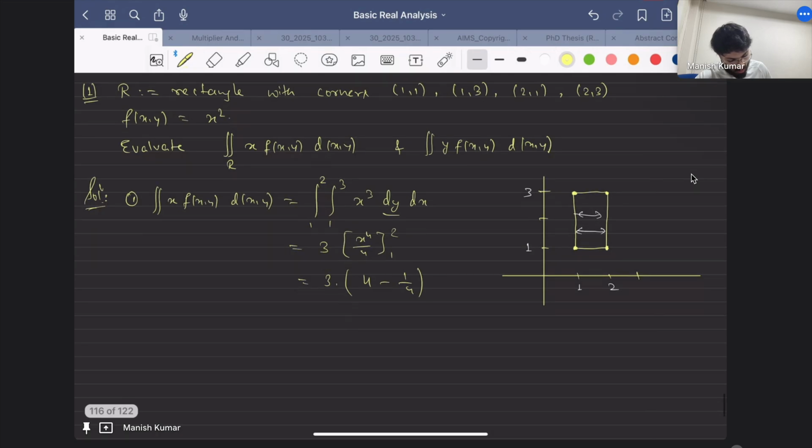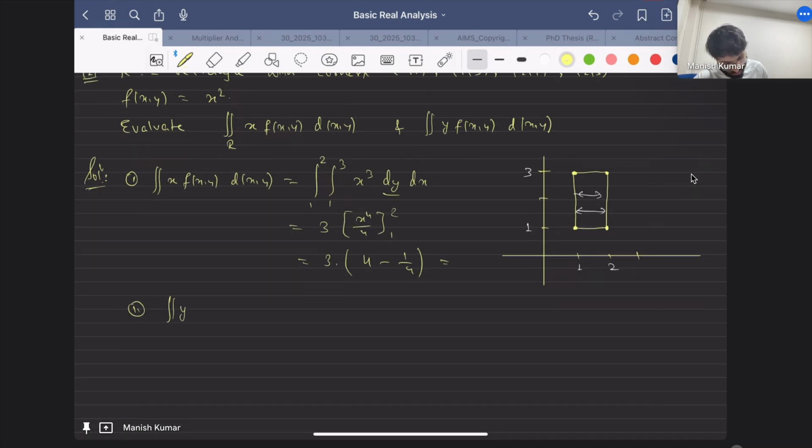So this is the value. For the second one, similarly, this is y times x squared d(xy). This is equal to the integral from 1 to 2, 1 to 3 of x squared y dy dx. So this is x cubed by 3 from 1 to 2, and then y squared by 2 from 1 to 3. So this is what you get.